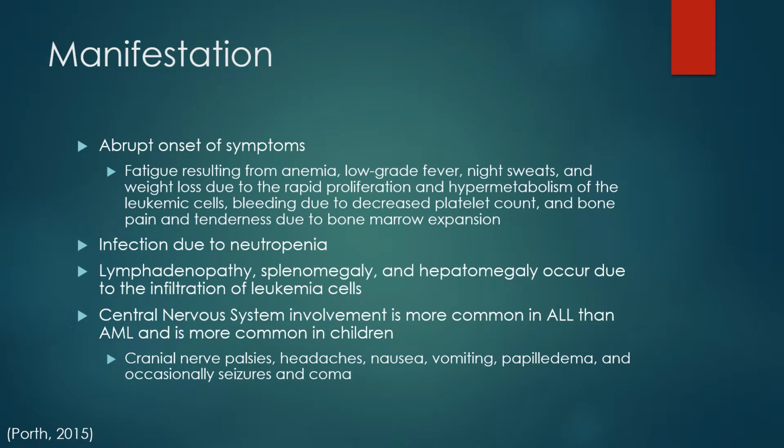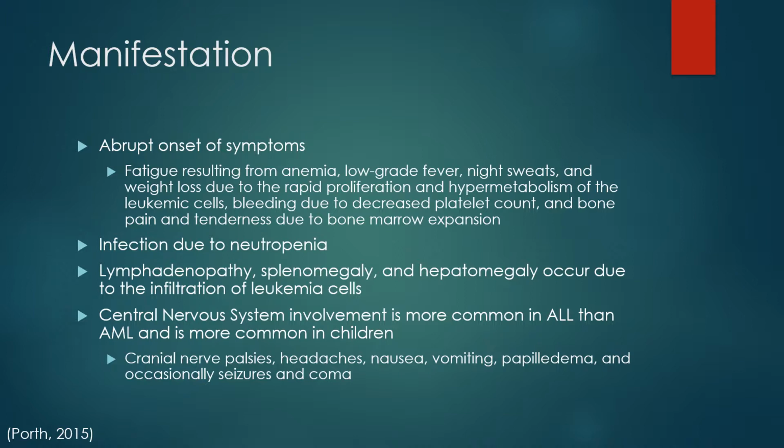Even though these are different disorders, they have similar clinical features. The manifestations of both include abrupt onset of symptoms, which are fatigue, low-grade fever, night sweats, and weight loss due to rapid proliferation and hypermetabolism of the leukemic cells.